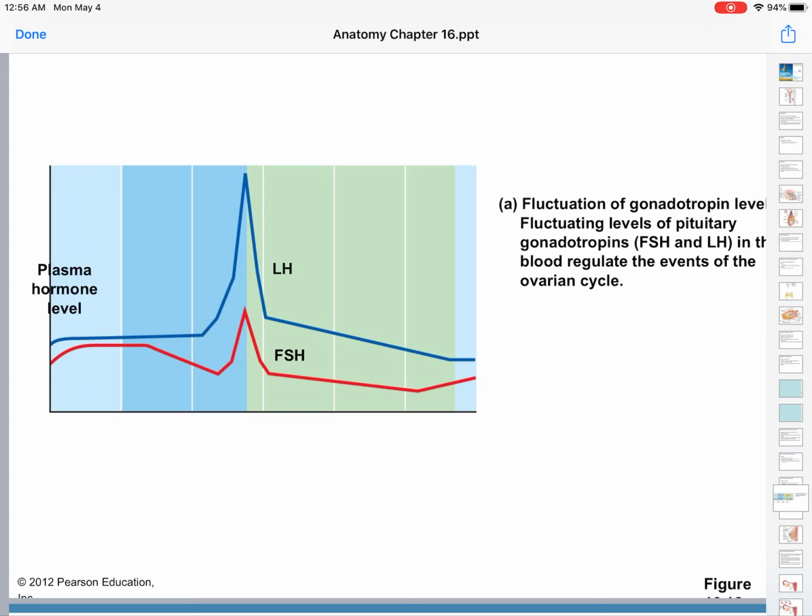Remember, the oocyte is only viable for a few hours, a day or two, in the fallopian tubes. So you do not have high amounts of those hormones in the body if you do not get fertilization.